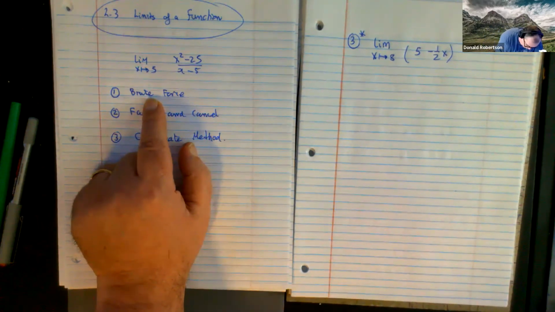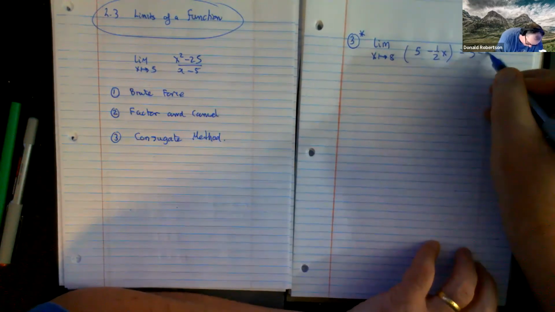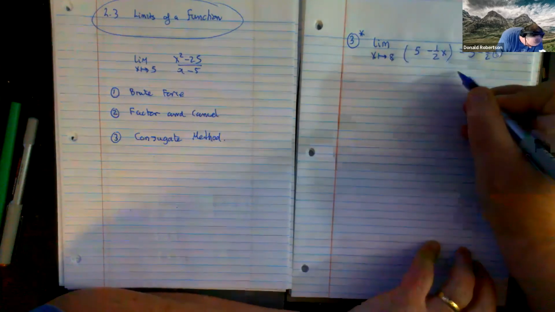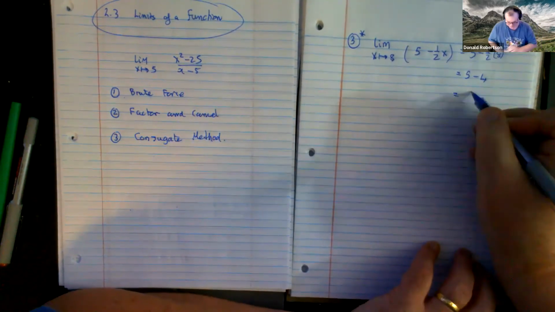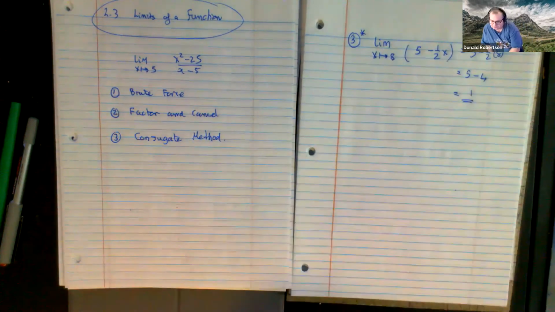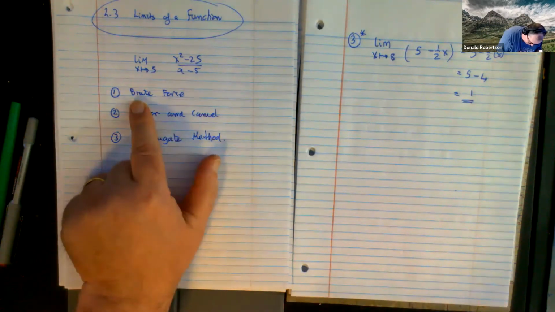So in brute force, you just replace the x with 8. And if it works, if there's no mathematical algebraic issues with it, your answer is 1. Would you agree that's so simple, you might talk yourself out of doing it? Right, I just plugged in the number, I got an answer. That is brute force. That's what I mean by brute force.